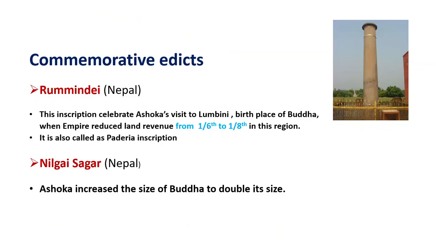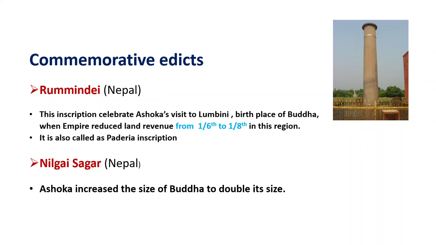Now there are the other 2 edicts of Ashoka, the commemorative edicts. One can be seen in Rummindei, or it can be called Lumbini as well, because of its geographical proximity to Lumbini. So this pillar shows the importance of Ashoka's visit to Lumbini, the birthplace of Buddha.